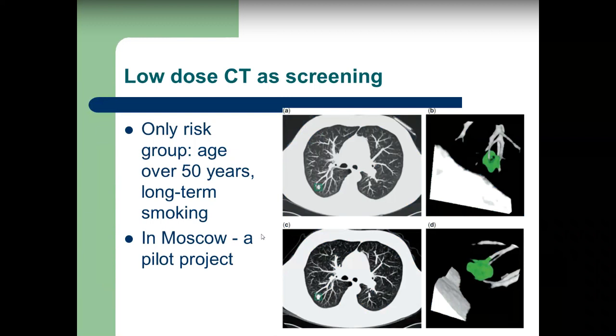We can find some nodules, and depending on size, margins, and shape of the nodule, there is a scheme of what to do. To do nothing, to do follow-up, or to do biopsy or surgery. It's very effective for early detection of lung cancer.